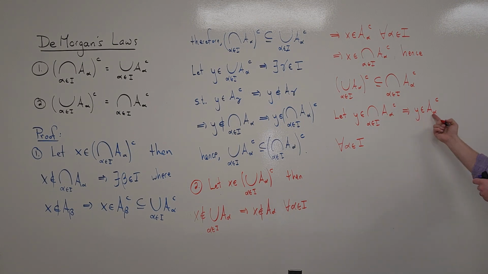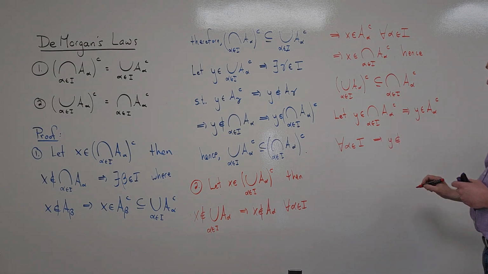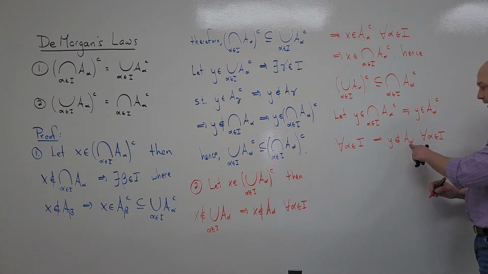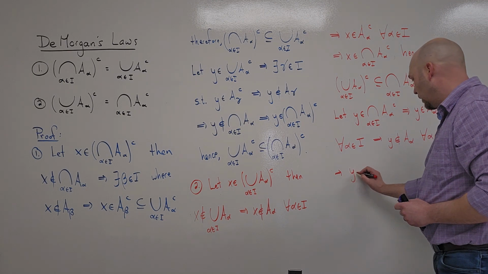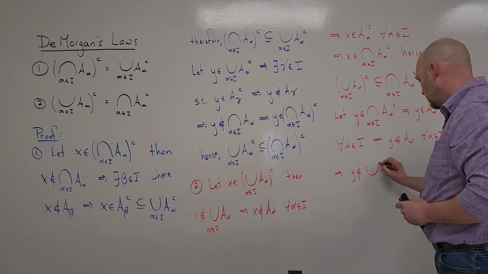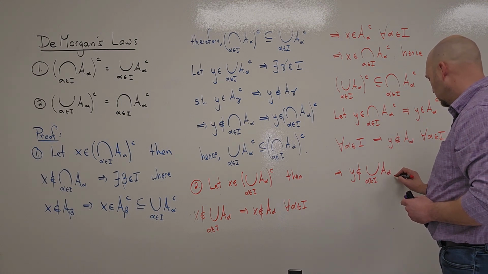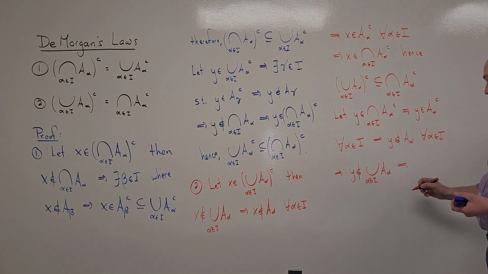If Y is in the complement of A alpha for every single index value, that says that Y is not an element of A alpha for every alpha in I. So if Y is not in any of these, then it's not an element of the union. But not an element of this means it is an element of the complement.